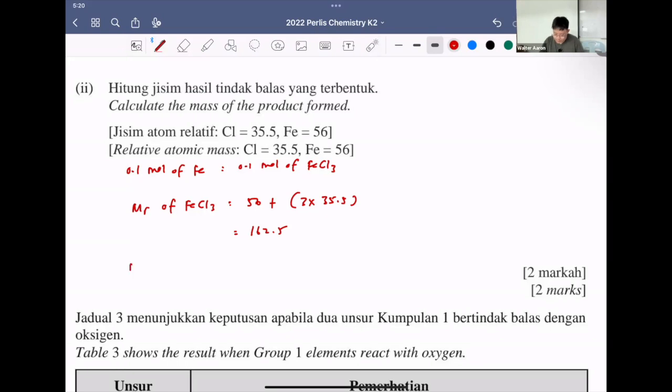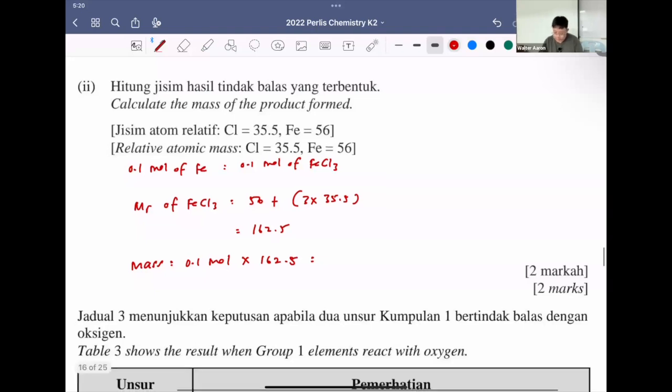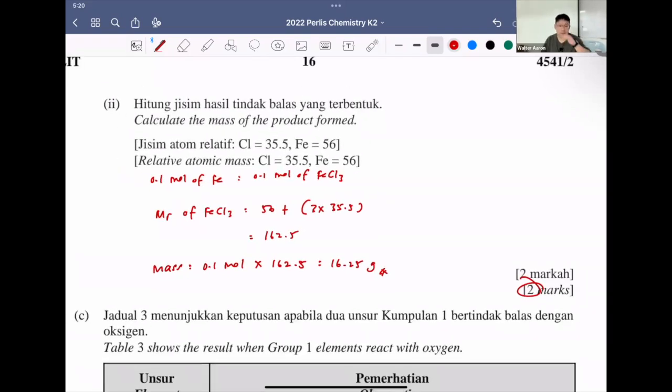Then to get the mass, it will be the number of moles of FeCl3, which is 0.1 mole, multiplied by 162.5, you get 16.25 grams. So that's the answer, and you'll be able to get 2 marks. All right, that's pretty easy.